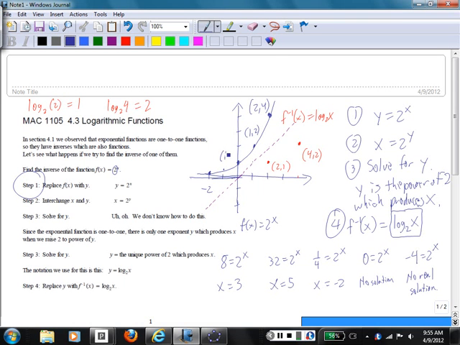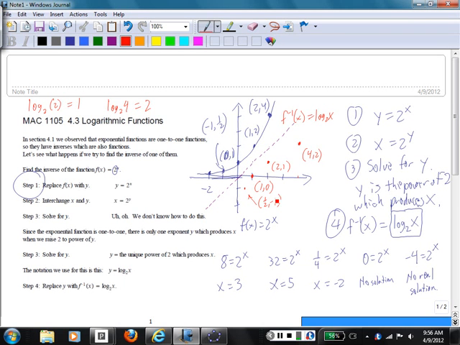Well, let's see, 0, 1 gives us what point? 1, 0. And which one was this? Negative 1, 1/2. That's going to give us the point 1/2, negative 1.